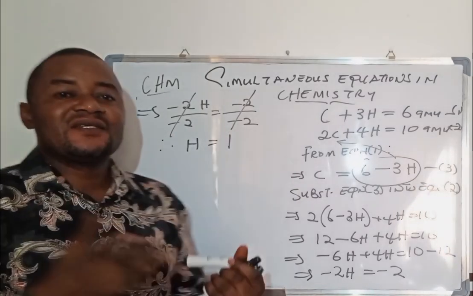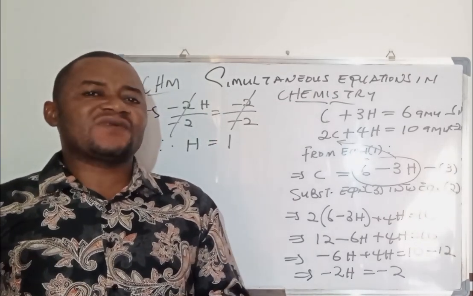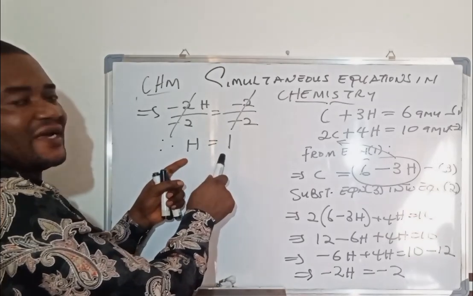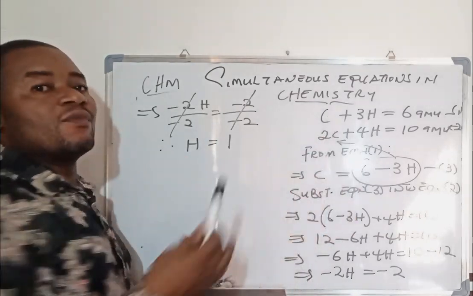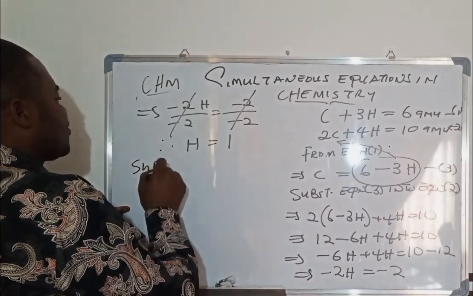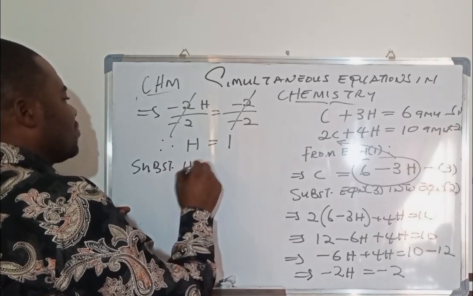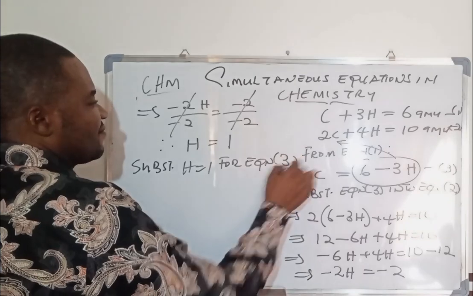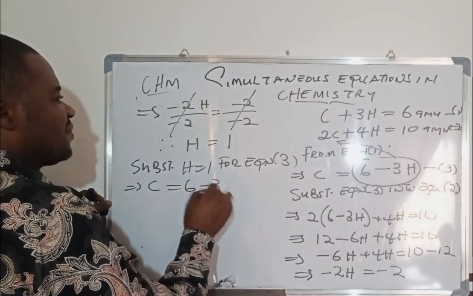Now we have got the mass of the hydrogen atom. How about that of the carbon atom? What we simply do is to substitute this value for H into equation 1, 2 or 3, but more preferably equation 3. So we substitute hydrogen equals 1 into equation 3, which says C equals 6 minus 3H.